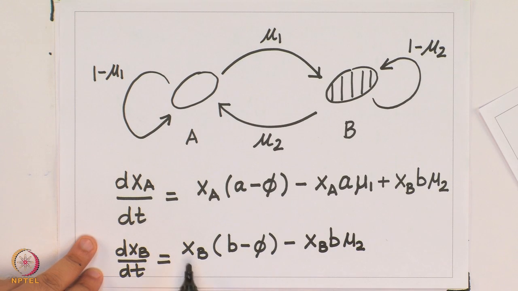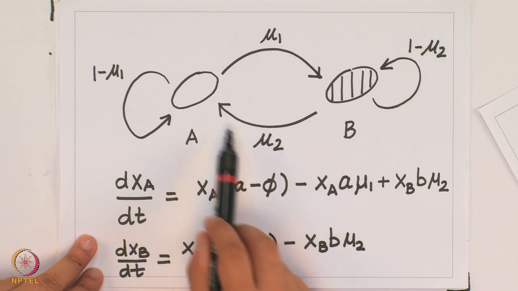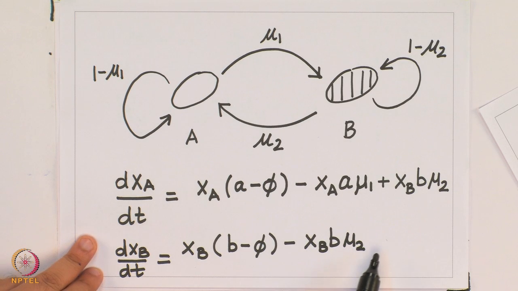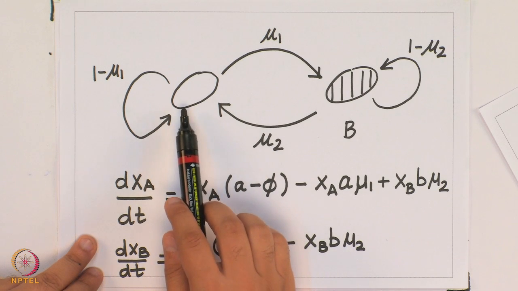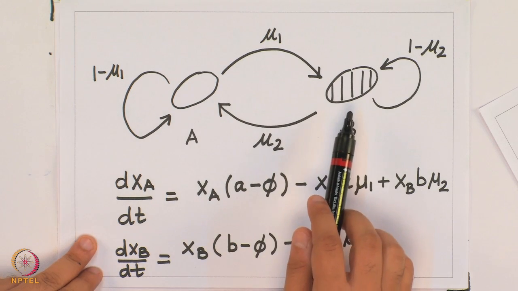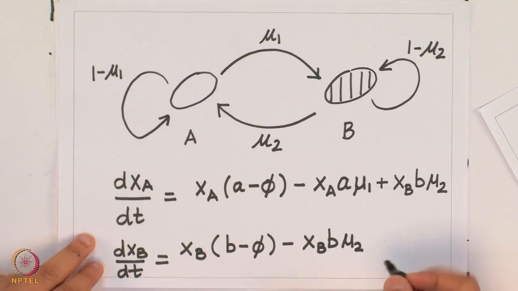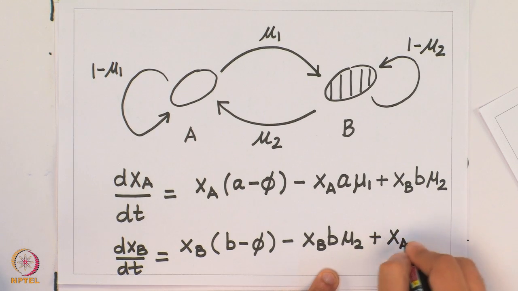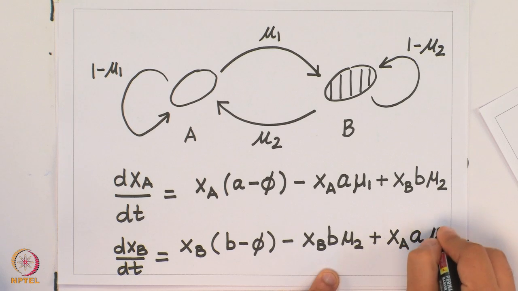This is because we have counted all divisions that are happening with genotype B here, but we have to subtract those divisions which actually lead to production of genotype A, which is given by this arrow. We subtract them, but to this we have to add all those divisions which are happening with genotype A, but lead to progeny of genotype B, which is this expression, and that is xa times A times mu1.